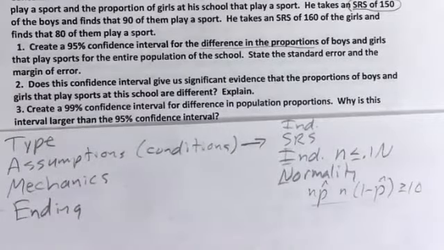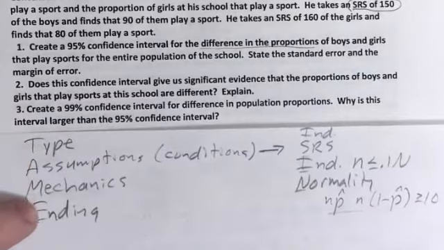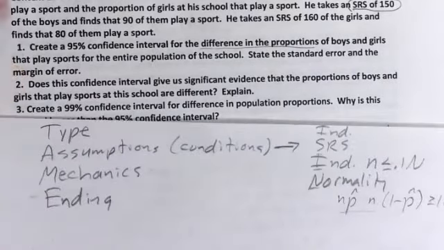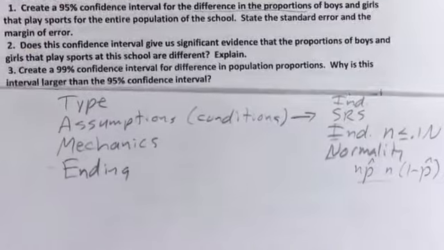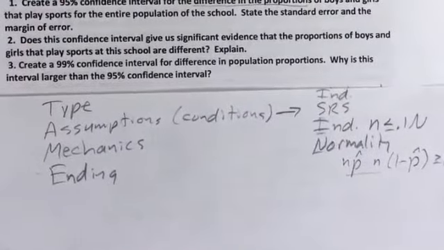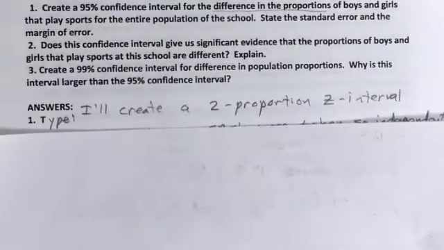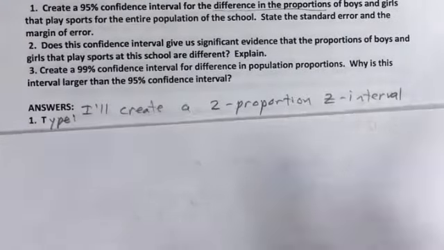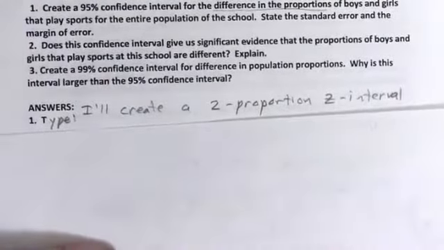All right, and so that's what we're going to do. We're going to do the little TAME acronym to create our interval, and it takes some work, but it's an easy way to get a lot of points. And so first of all, the type of inference, when you have two proportions, is just the two proportion z interval.